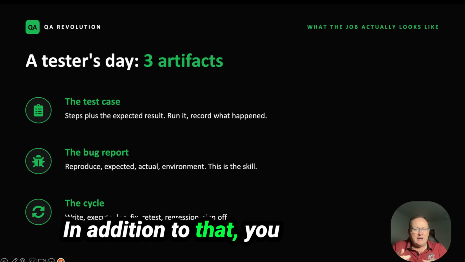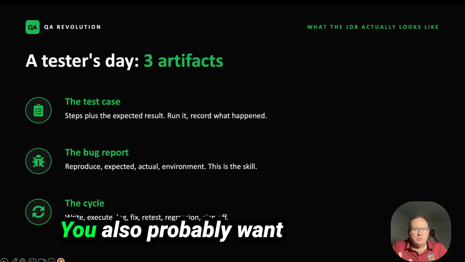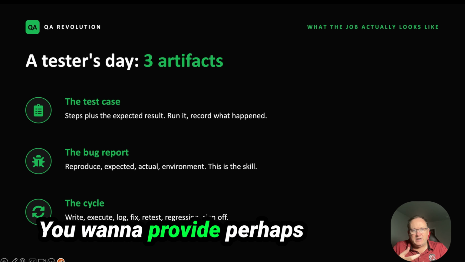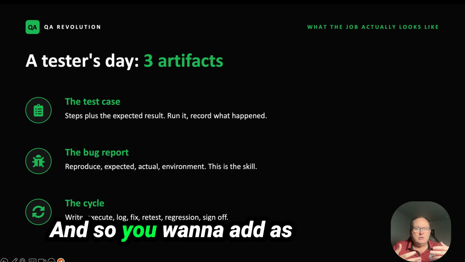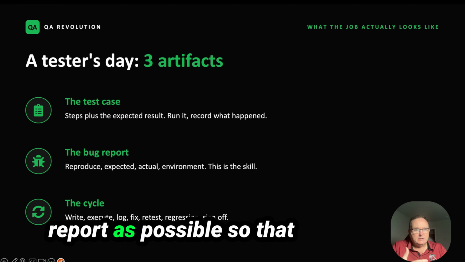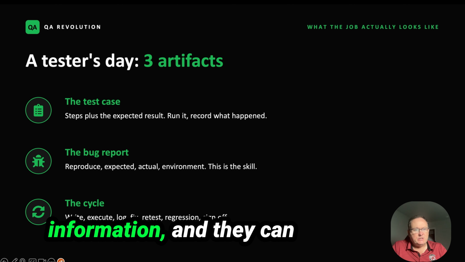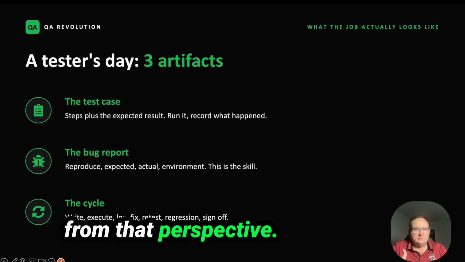In addition to that, you want to provide information around the environment. You also probably want to provide screenshots. You want to provide perhaps what user you tested it with. And so you want to add as much information in this report as possible so that the developer has the best information and they can figure out what happened from that perspective.